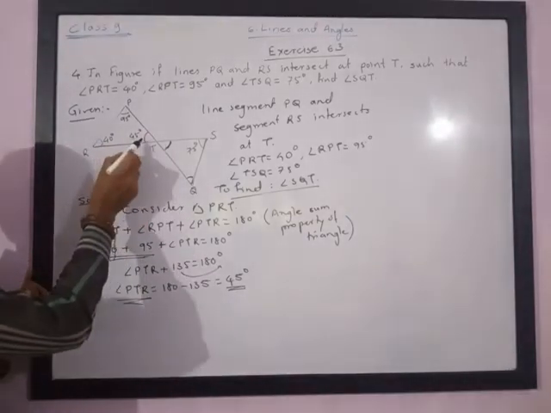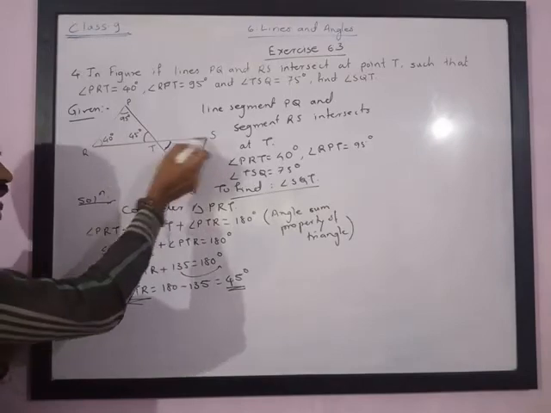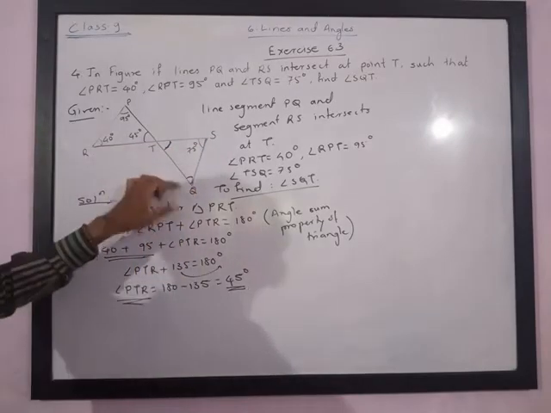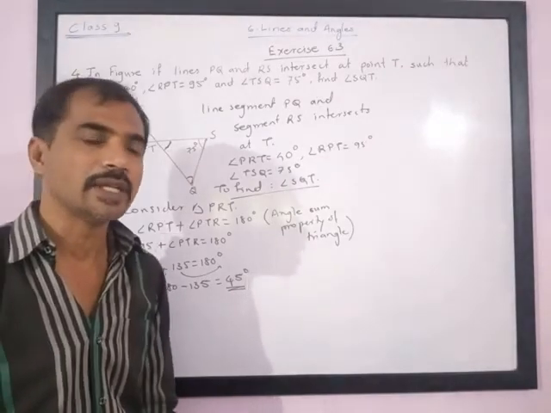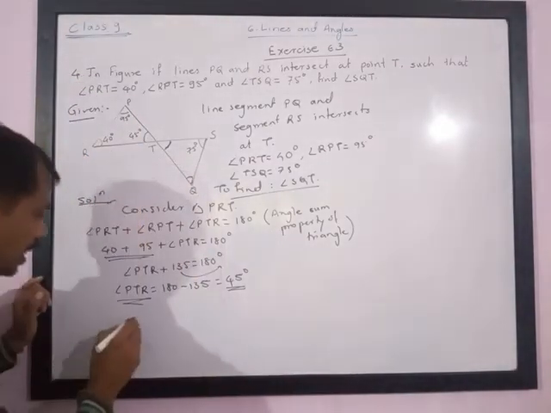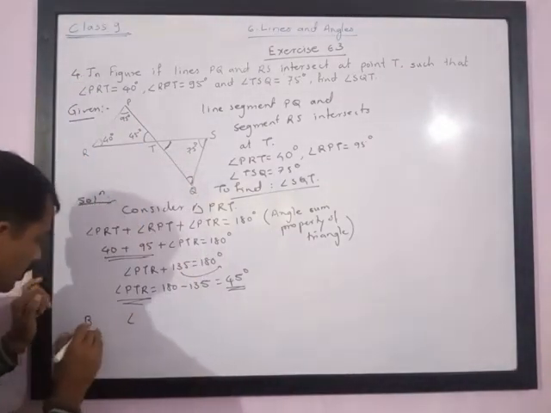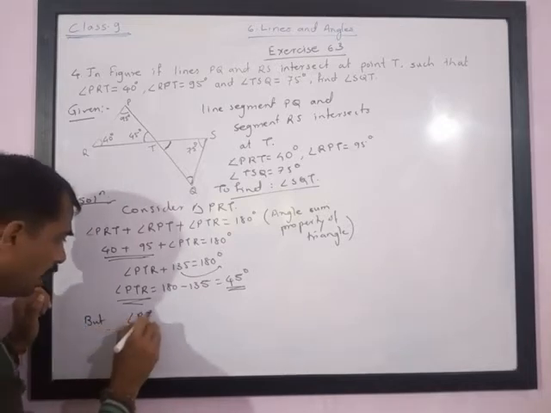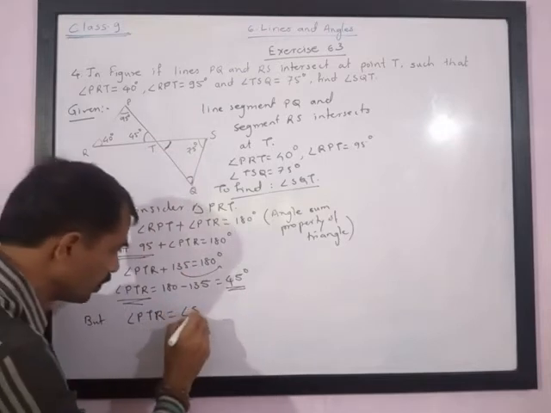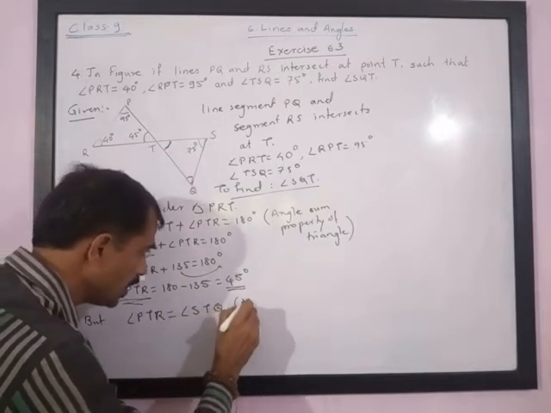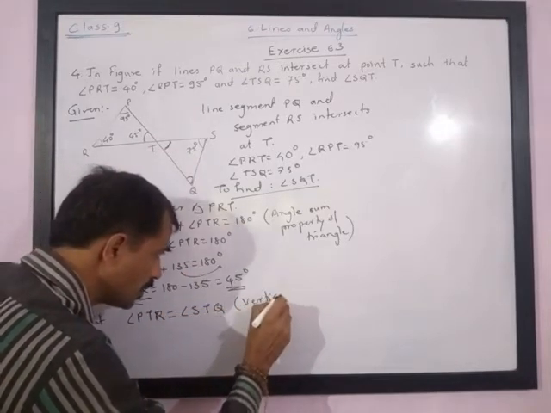Now see, if this is 45, it means angle STQ is also 45 degrees. The reason is they are vertically opposite angles, and we know that vertically opposite angles are congruent. So here angle PTR is equal to angle STQ. Reason is they are vertically opposite angles.